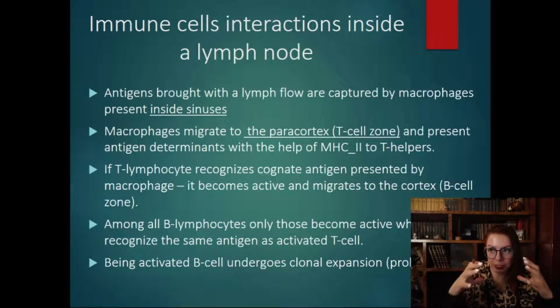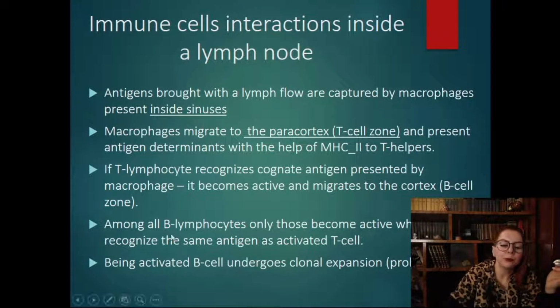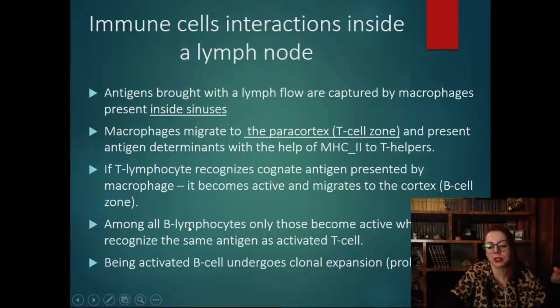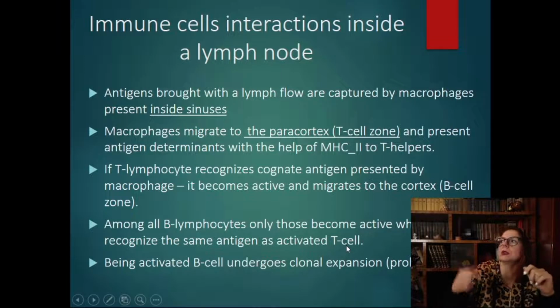So, the proper T cell, increased in number, migrates to the cortex where B cells are located. And among the majority of B cells, only those become activated which can recognize the same antigen as the activated T cell. So you see the sequence of events.